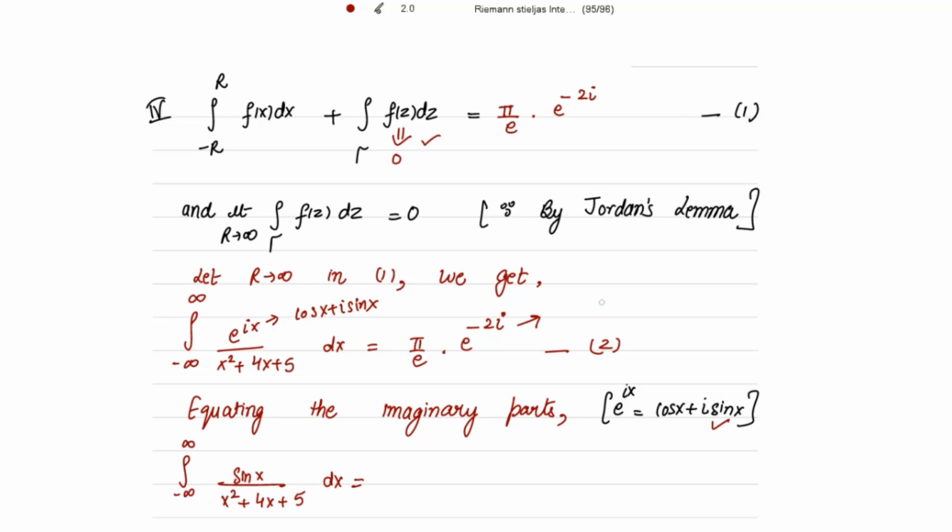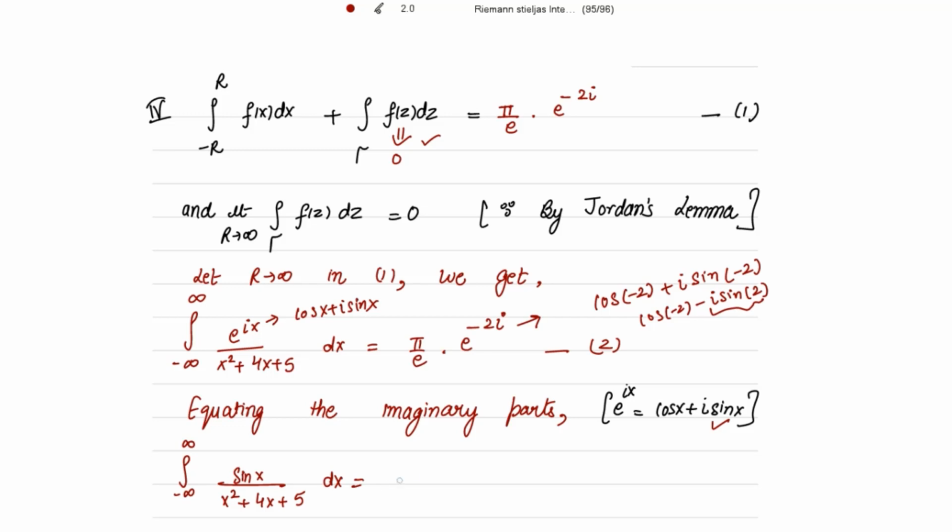This will be cos of negative 2 plus iota sine of negative 2, right? And I know that sine of negative 2 is negative sine 2. So this is cos of negative 2 minus iota sine of 2.